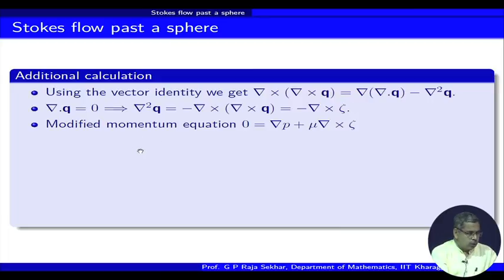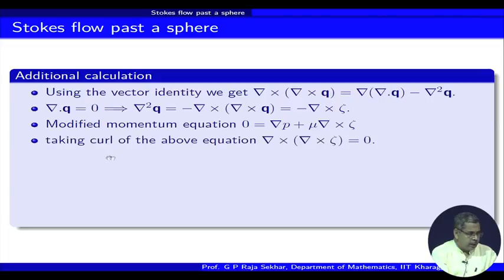So, the Stokes equation reduces to this, because it is nothing but minus grad p plus mu del squared q. Now, taking the curl of the above equation, we get curl of vorticity is 0. That means this is the modified Stokes equation in terms of vorticity.